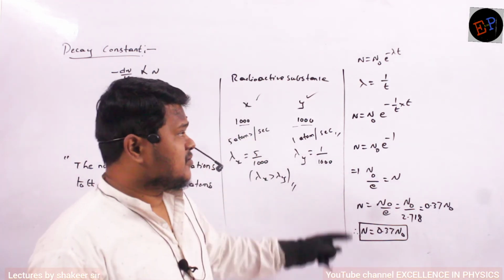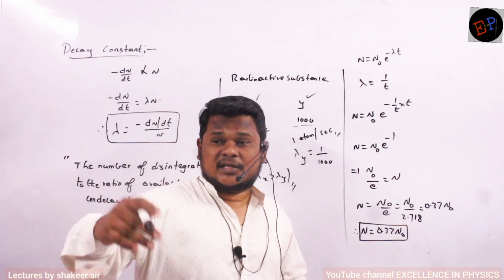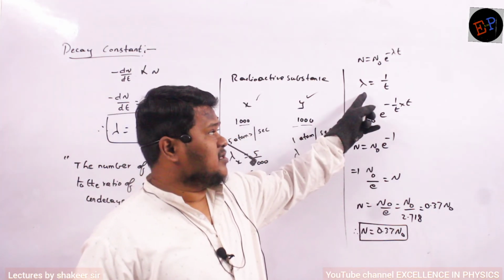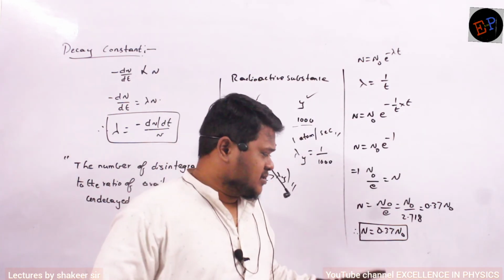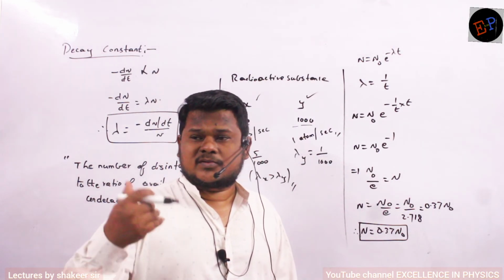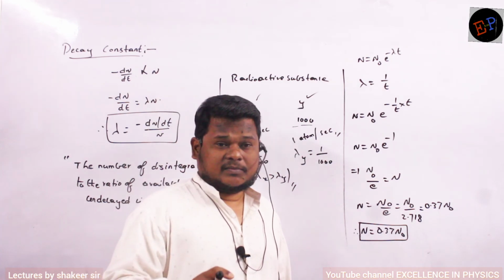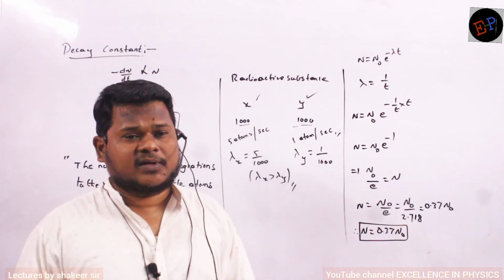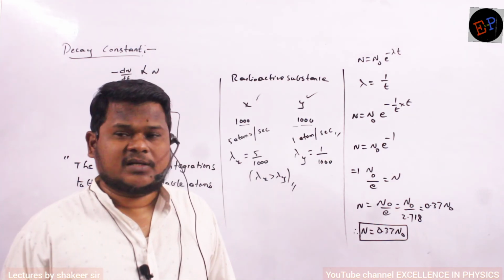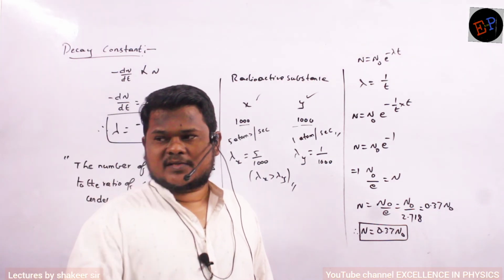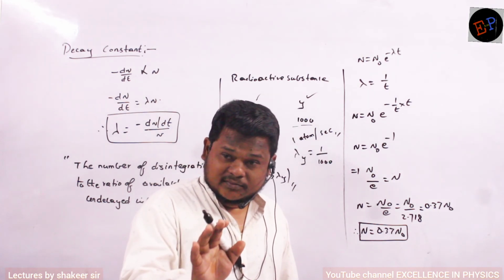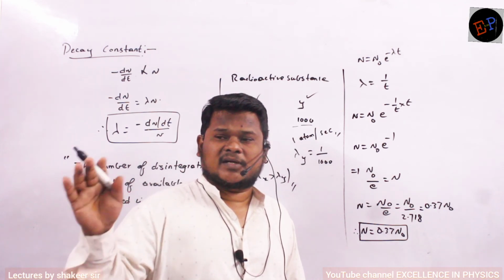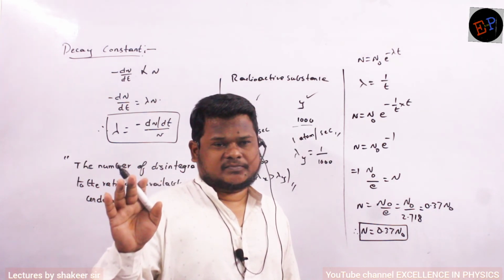So therefore lambda is defined as the reciprocal of time taken for 63% of the atoms to disintegrate, or for 37% of the atoms to be still ready for disintegration. That reciprocal of time is called lambda. Not the time taken, but the reciprocal of time taken, for which 63% of the atoms should be disintegrated.